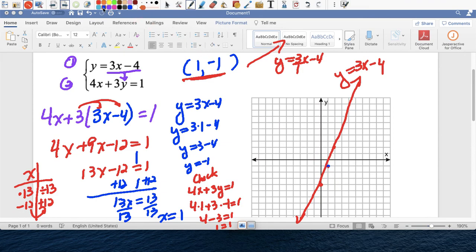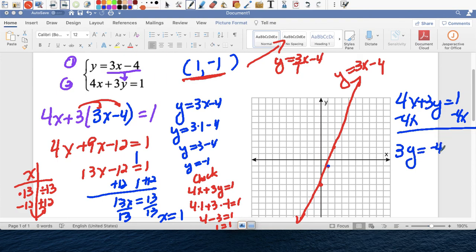Hopefully the second one crosses. So the second equation, I have to make a few changes. So it's 4x plus 3y equals 1. So let's isolate y. So let's do minus 4x here, minus 4x on this side. We're going to get 3y equals negative 4x plus 1. And then we're going to divide both sides by 3, everything by 3.